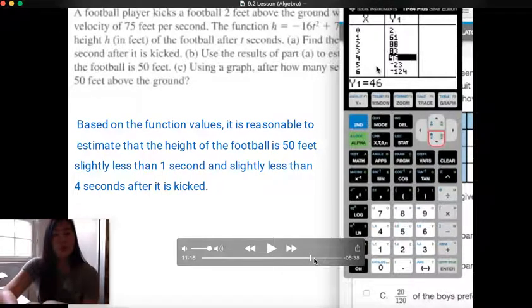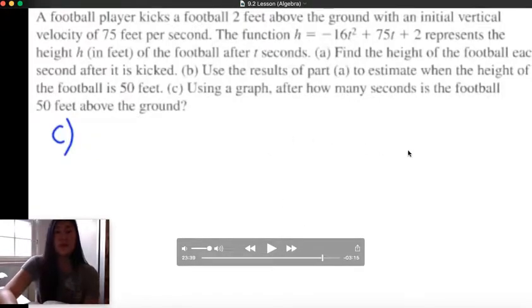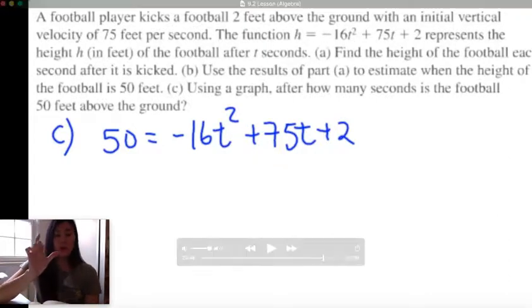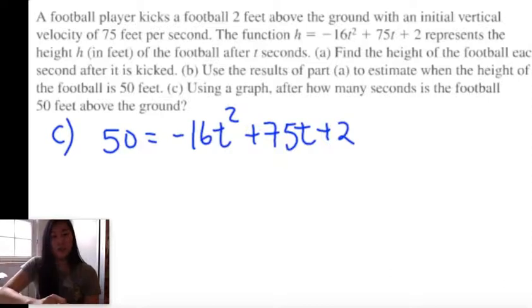Let's move on to part C. Part C says using a graph, after how many seconds is the football 50 feet above the ground? H equals negative 16t squared plus 75t plus 2, and set it equal to 50, because I want to know where the equation of that football traveling equals 50 feet above the ground.